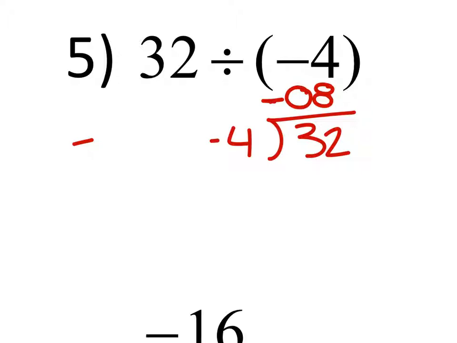So negative 8 times negative 4 is a positive 32, which is why we subtract that out to get 0 remaining. And the answer there is negative 8.